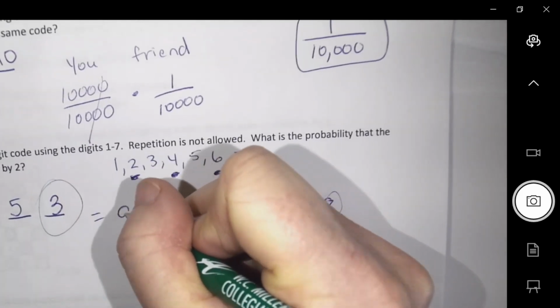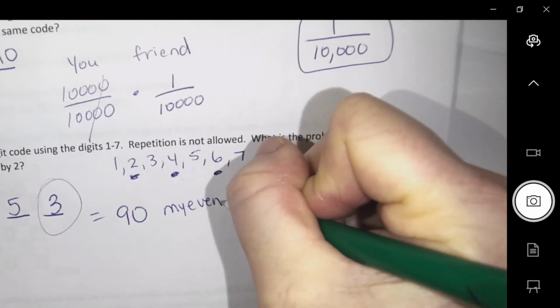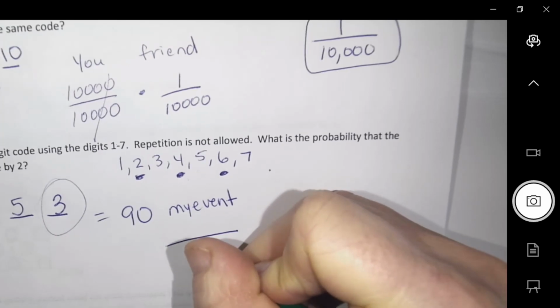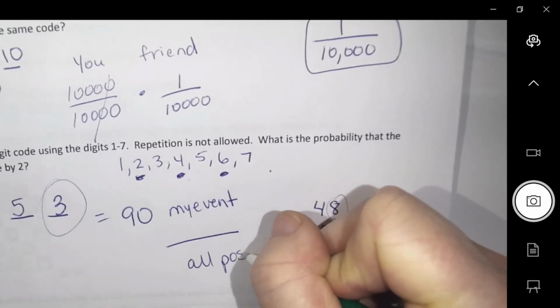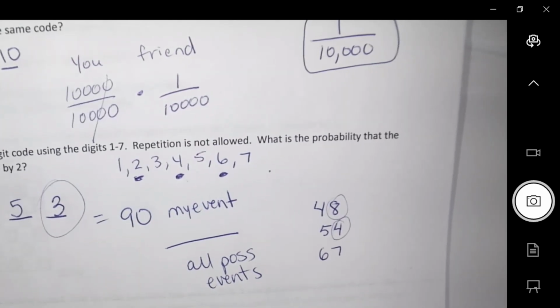So that's 90. This is my event out of, so I still have to do out of all possible events yet. That's what probability is. So there's 90 even codes.